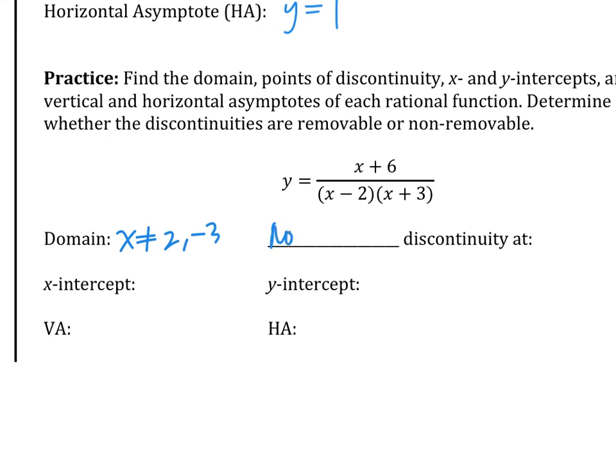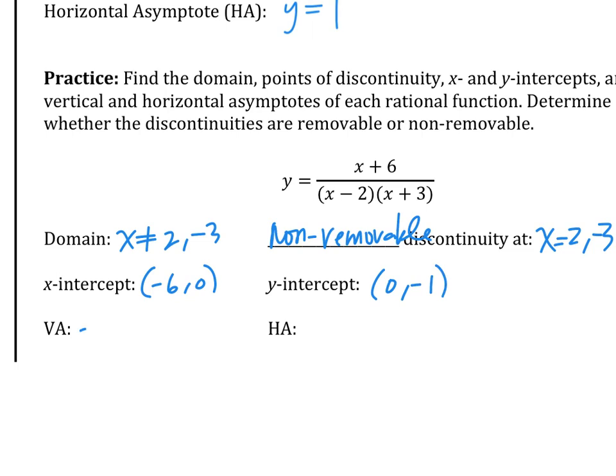They're both non-removable at x equals 2 and -3. The x-intercept is at (-6, 0), and the y-intercept is at (0, -1). The vertical asymptotes are 2 and -3. The horizontal asymptote is 0. Questions?